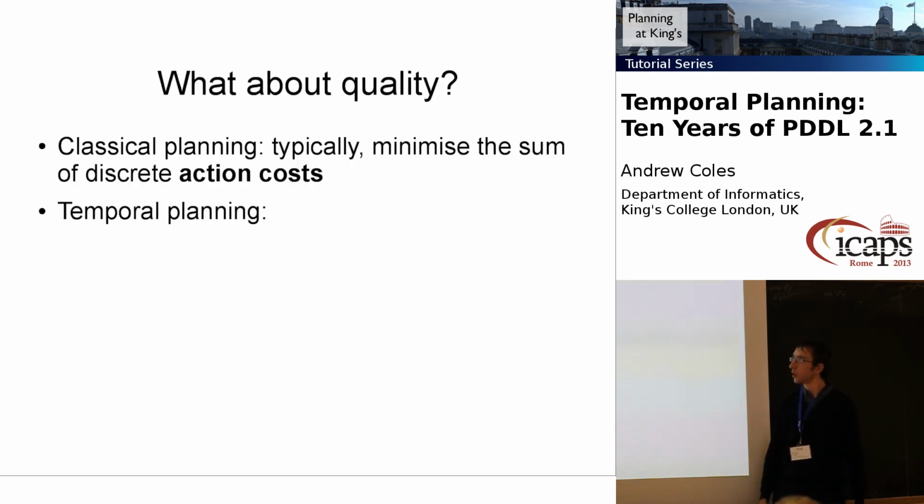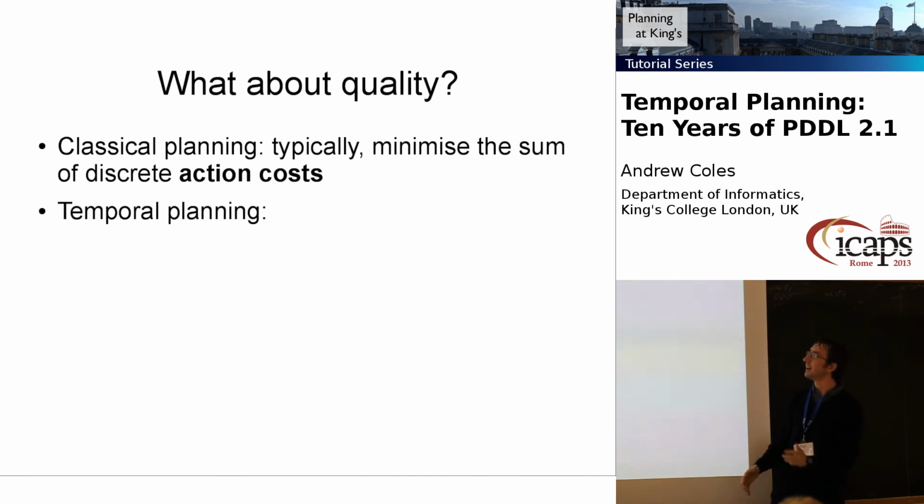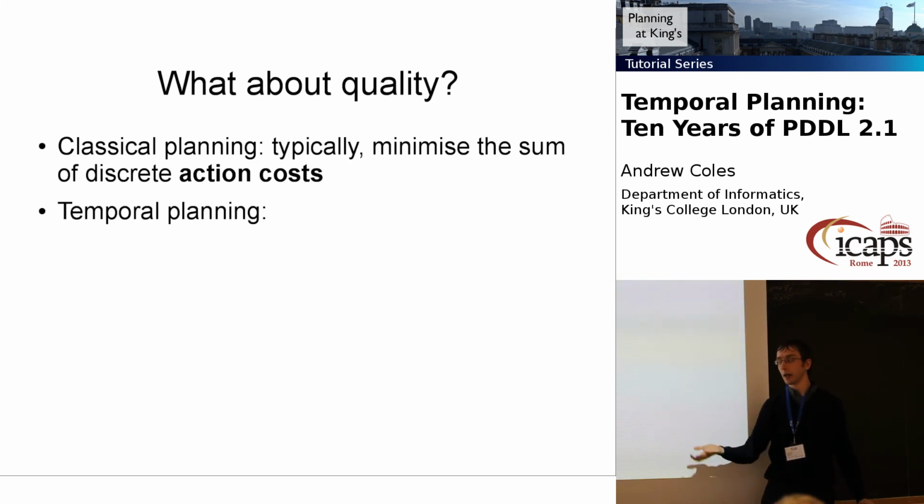What about quality? Well, in classical planning at least, at least in the past few IPCs, people have been looking at minimizing the sum of discrete action costs. So you give each action a cost, and then you can define cost optimal planning, you can define a best quality plan that can be found within half an hour, things like that, based on the sum of these action costs.